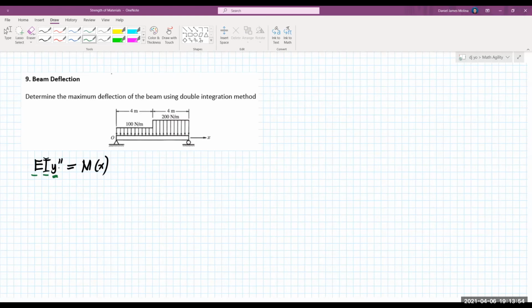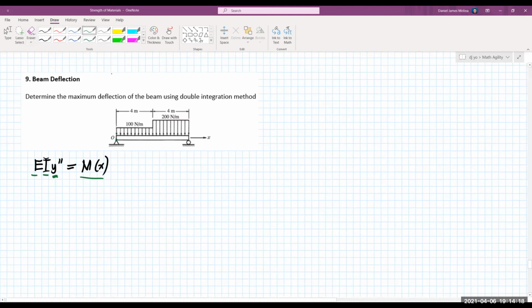And then M of x is the moment equation of the beam at the last section of the beam. First we have to determine the location of the cutting plane. Let's have the leftmost portion as our origin.